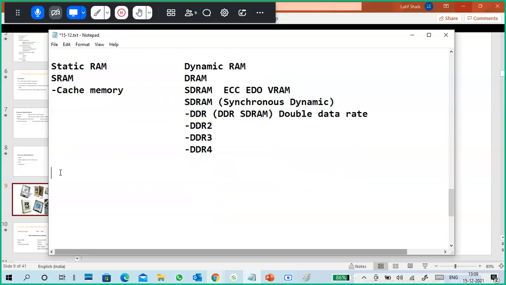Of course, the RAM package is also there. What are these packages? It means how the RAM looks. The way of chips, the way of connectivity is so different.